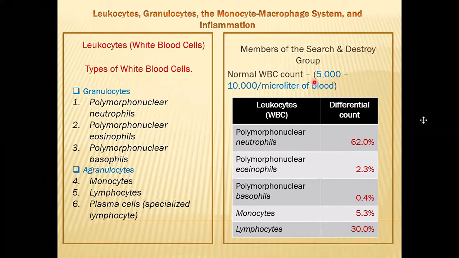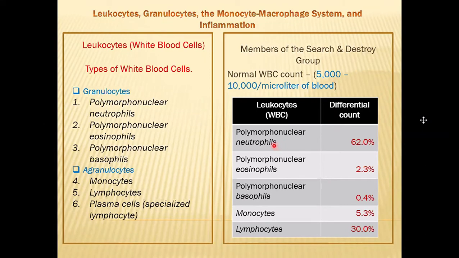Okay, so you're given a CBC result with a WBC count of 20,000 per microliter of blood, so it's no longer normal. So there must be something. The patient must be having some form of infection. Okay, then you look down at the breakdown of the WBC. So you have difference. We call that differential count.